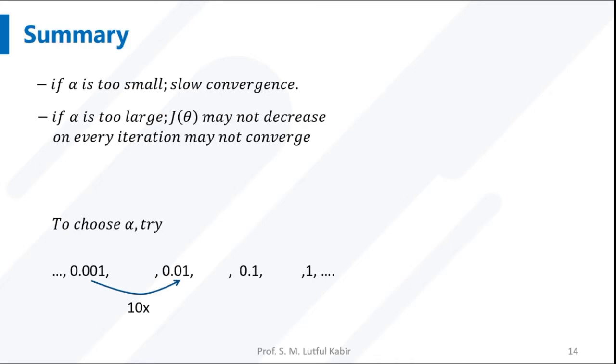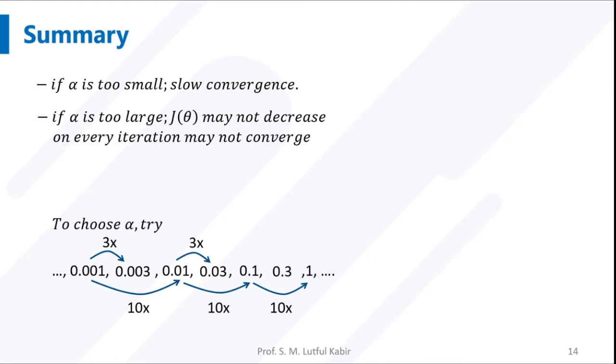In this example, I have chosen a multiple of 10 for choosing alpha. If you use different values of alpha and see how convergence occurs, then you can choose. You can also choose in-between values like 0.003, 0.03, and 0.3. Instead of a multiplying factor of 10, you now choose a multiplying factor of 3.